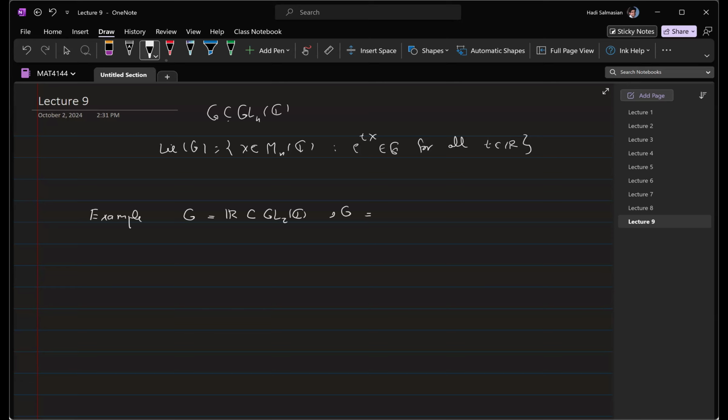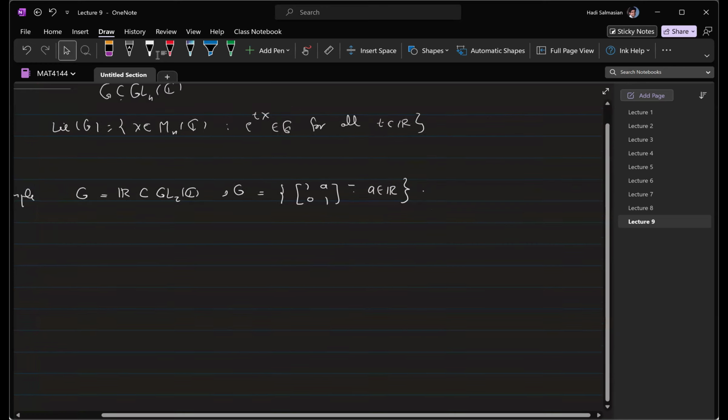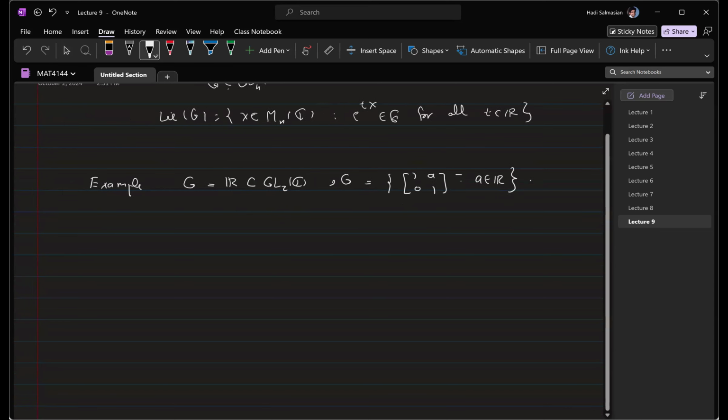There are many ways to embed this, but we can think about this as the set of matrices of the form 1, a, 0, 1, with a in R. The matrix multiplication gives a group isomorphic to R with addition, because when you multiply, these entries add up. If you multiply two matrices of this form, 1, a, 0, 1 and 1, b, 0, 1, you end up with the matrix 1, a plus b, 0, 1. So this multiplication actually turns into addition. So you actually get R, not R cross.